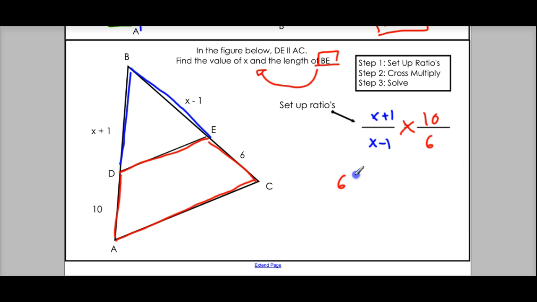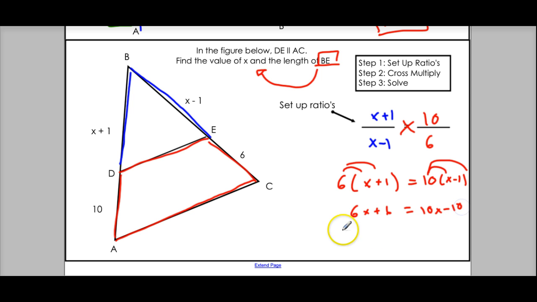So we get 6 times X plus 1 equals 10 times X minus 1. To solve this, we have to distribute our 6 out. So we get 6x plus 6. And we're going to distribute our 10 out, and we get 10x minus 10. Let's go ahead and solve this. Minus 6x from both sides.